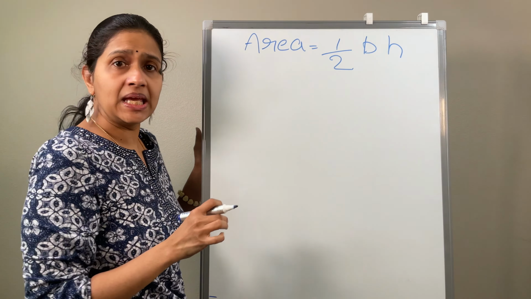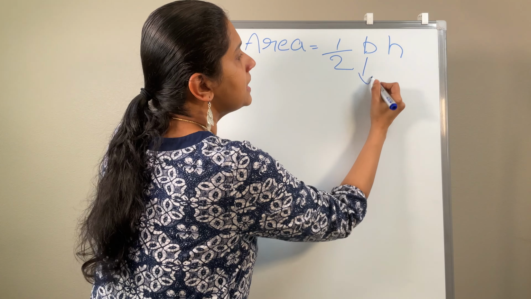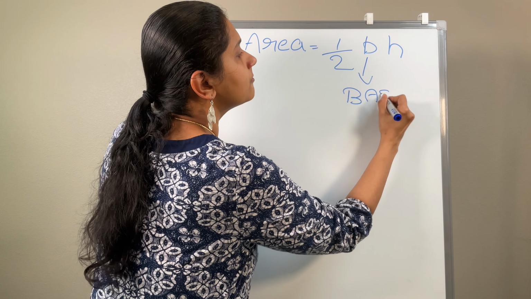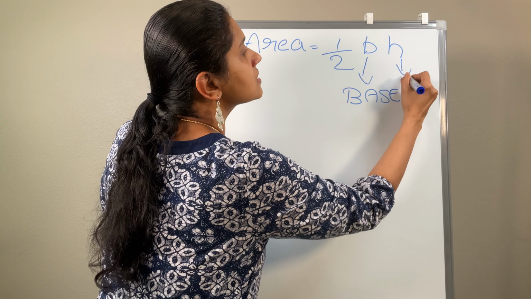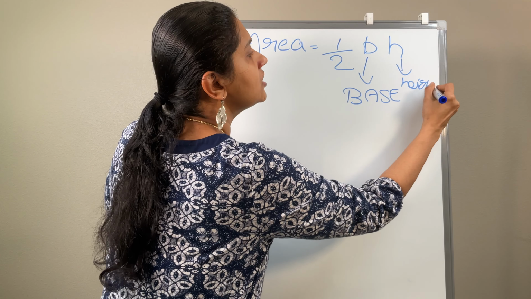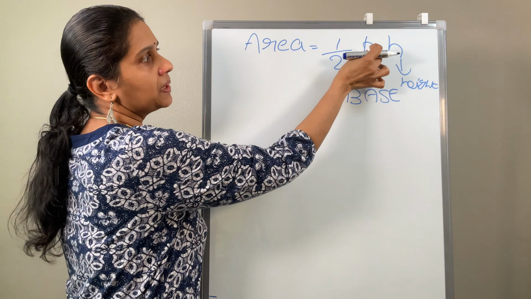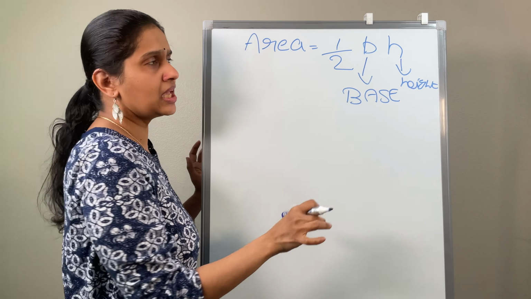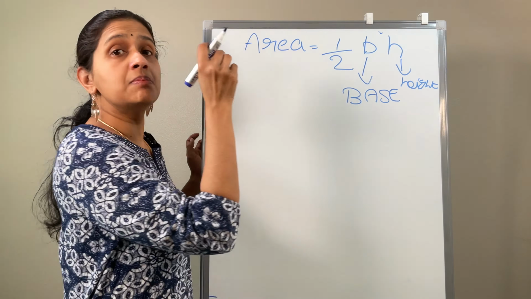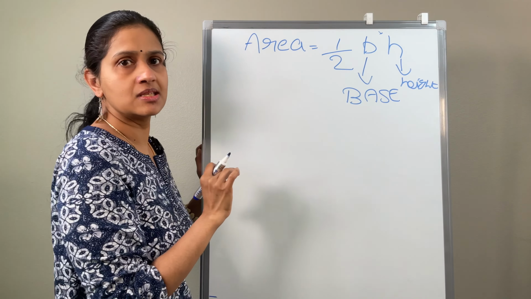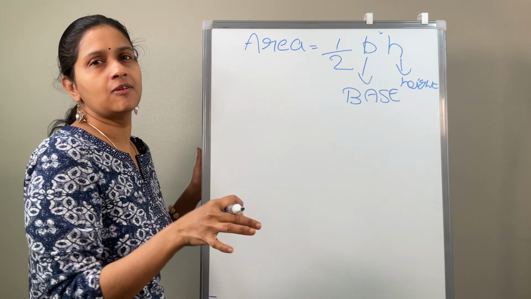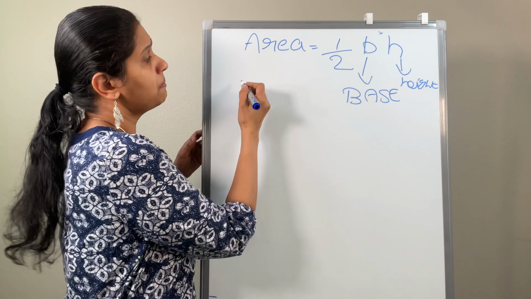Here I have written BH, which means this B is called the base of the triangle and H is called the height of the triangle. You can see we have written BH, which means it is B times H. You just need to multiply this. In various places it is written in various forms, but it has the same meaning.